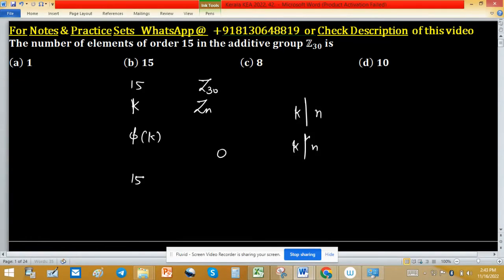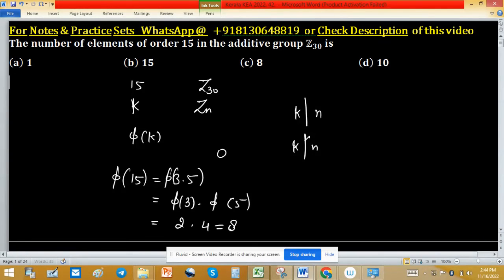zero. Using this concept, I can write 15 as 3 into 5. Now apply Euler phi function, phi of 15. So phi of 3 into 5 equals phi of 3 into phi of 5. This equals 2 into 4 equals 8. Option C is correct.